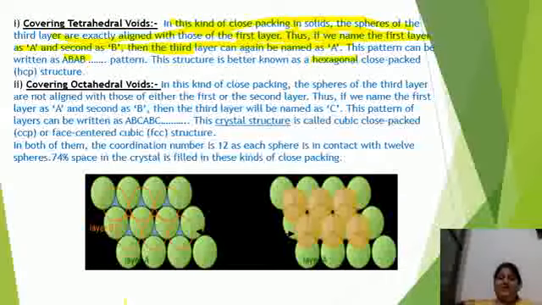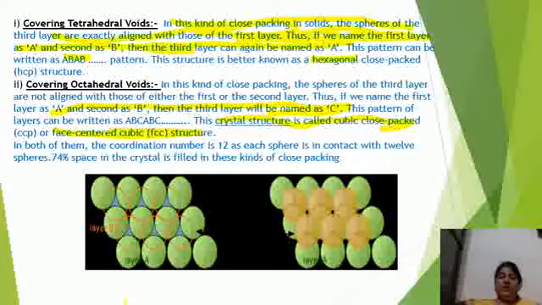While when octahedral voids are covered, the number of voids is n, and the tetrahedral is 2n. So what will happen? Here all the three layers are different. That means if first layer is A, second is B, then third will be C. यहाँ पे दो layers resemble कर रही थी tetrahedral में, first और third, but यहाँ पे कोई भी resemblance नहीं है. All three layers are different. ठीक है? So this pattern is known as cubic close packing, जिसे आप face centered cubic cell भी कहते हैं.